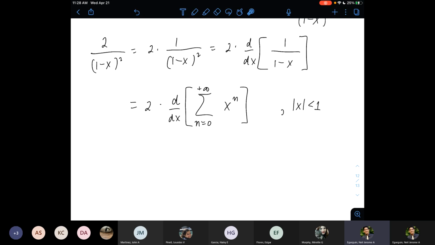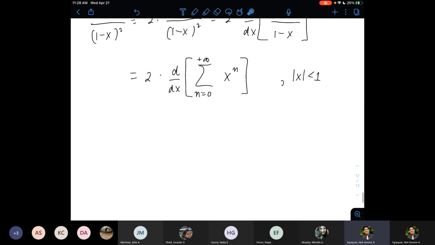The nice thing about absolute convergence is that you can interchange the order of the integral and the derivative. So instead of differentiating an infinite series, you can take the infinite series consisting of a bunch of derivatives. That's the beauty of absolutely convergent series. You can interchange derivatives and sums, as well as integrals and derivatives.